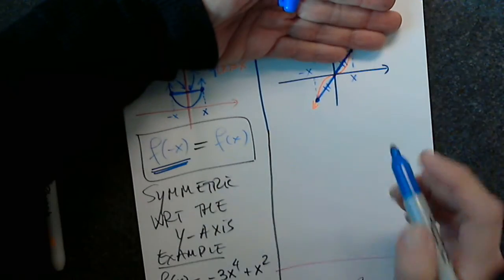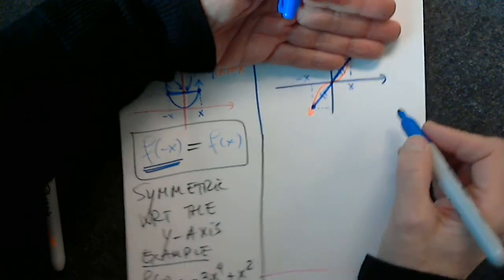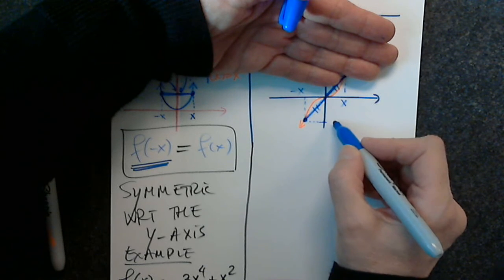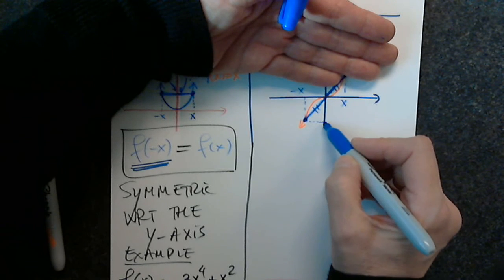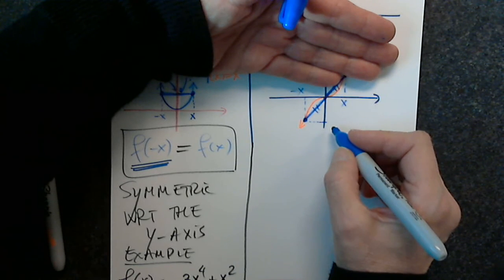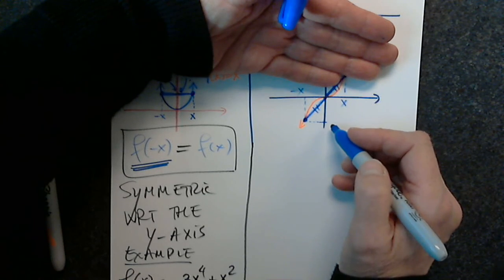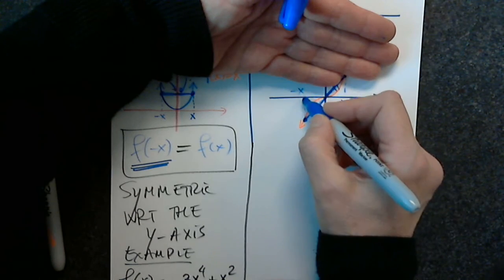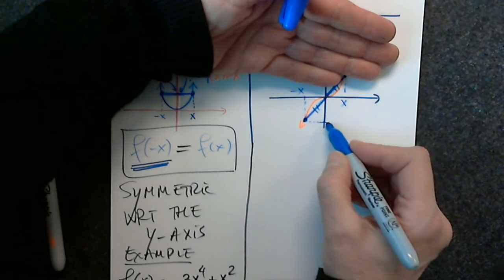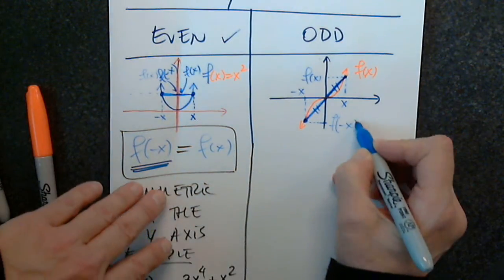Forget about that, and just tell me what you have here. Anyone? Negative x. This is negative x right here. But what is this? Corresponding to it, negative x. Thank you very much.